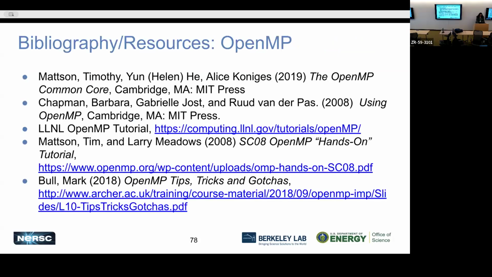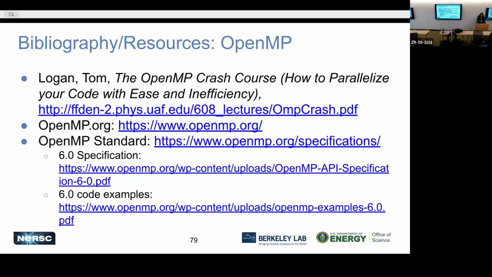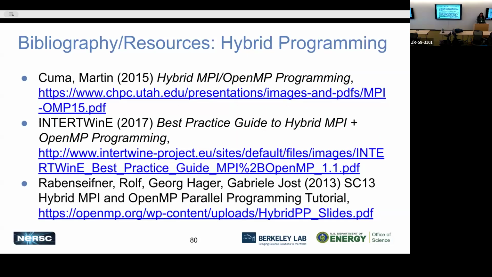And then I just want to mention here, we have a big bibliography. You may notice the very first thing here is the OpenMP Common Core book, written by a certain person in this room whose name you might recognize. I actually have a signed copy in my office, not to brag. But anyway, a lot of really good resources for OpenMP, good resources on the OpenMP standard 6.0, and good resources on hybrid programming as well.